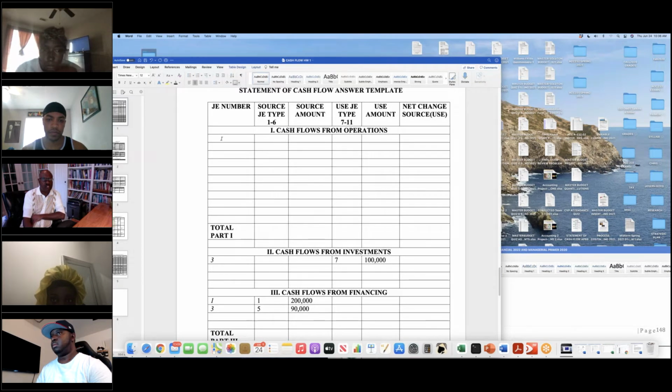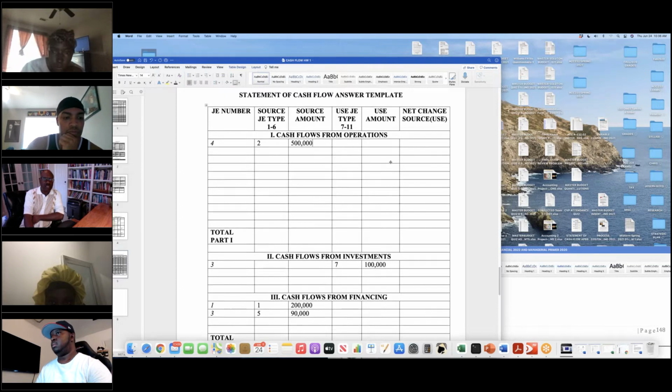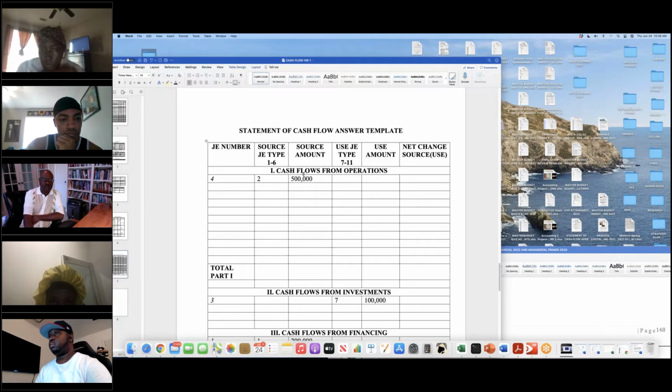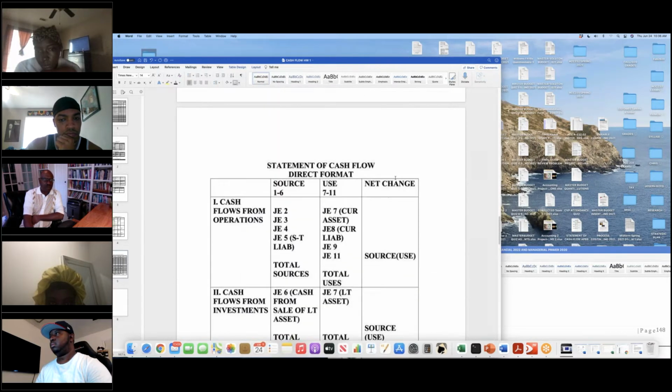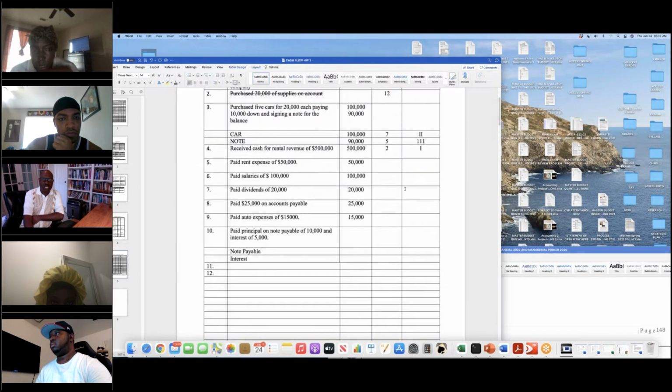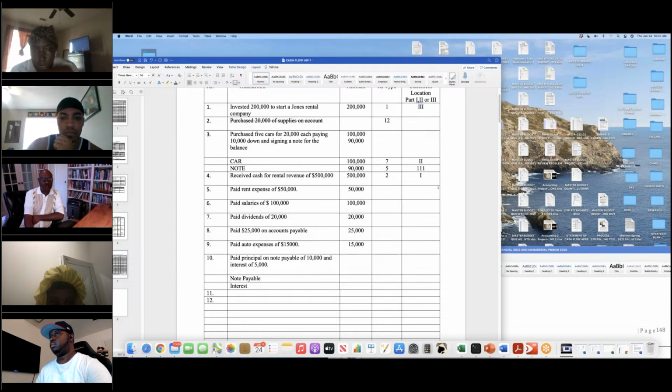So this is transaction 4, type 2, and the source is 500. So notice sources are always on the right, uses on the left on here. So 1 through 6 is going to be a source. 7 through 11 is going to be a use. So this is pretty much well laid out for you to go ahead and knock this out.